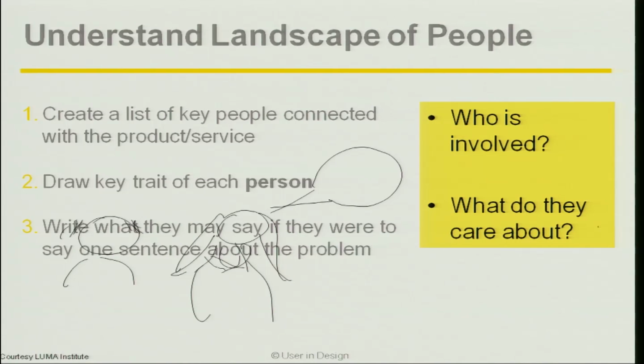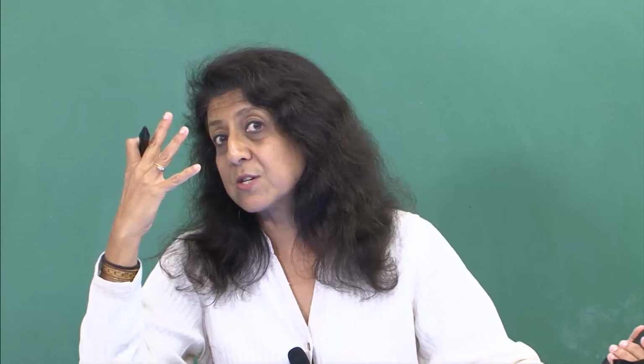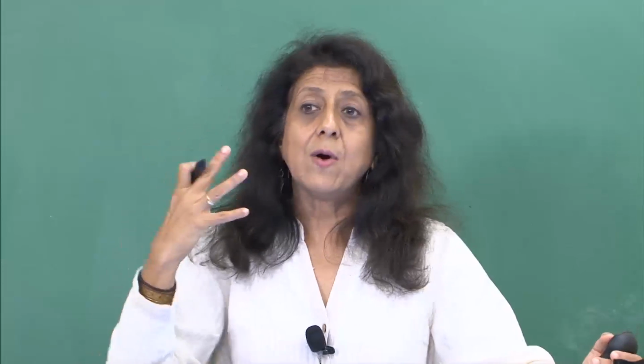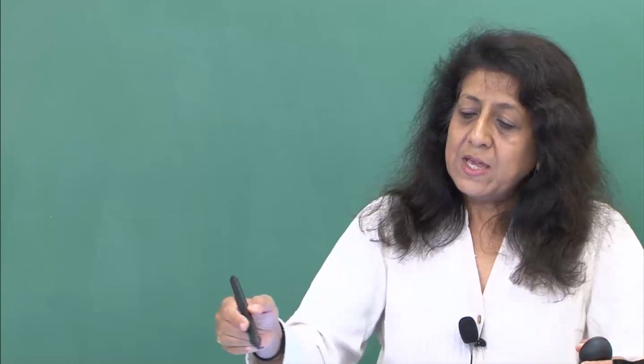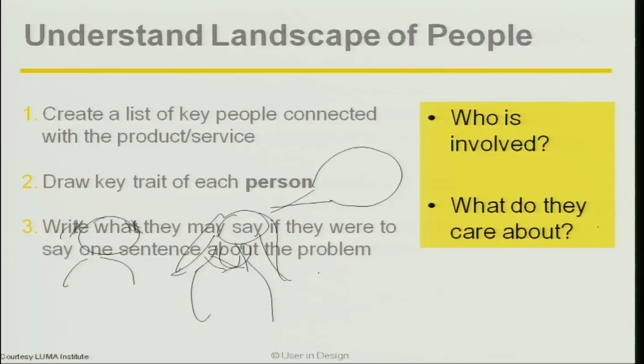If they were to tell you what their problem is, if they were to say that in one sentence about the problem, what might they be saying? What is the top of mind thought that a young mother perhaps in the aspect of transportation, what is the top of mind thing she may be saying? That, I'm always so stressed when I have a deadline. Perhaps that is the top of mind thing she's saying because I don't know how I will get there on time, right? So in understanding the landscape of people, these are the three things we do, and I'm going to lead you on to a technique in this.